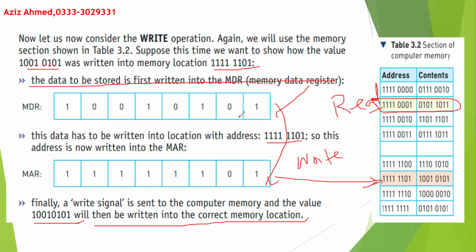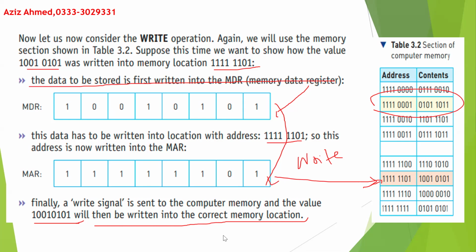It says the data to be stored is first written in MDR. The CPU has worked on this data when it read from here. First the computer reads data from here. After processing, now it is writing to the specified memory address. So the data to be stored is first written into MDR.